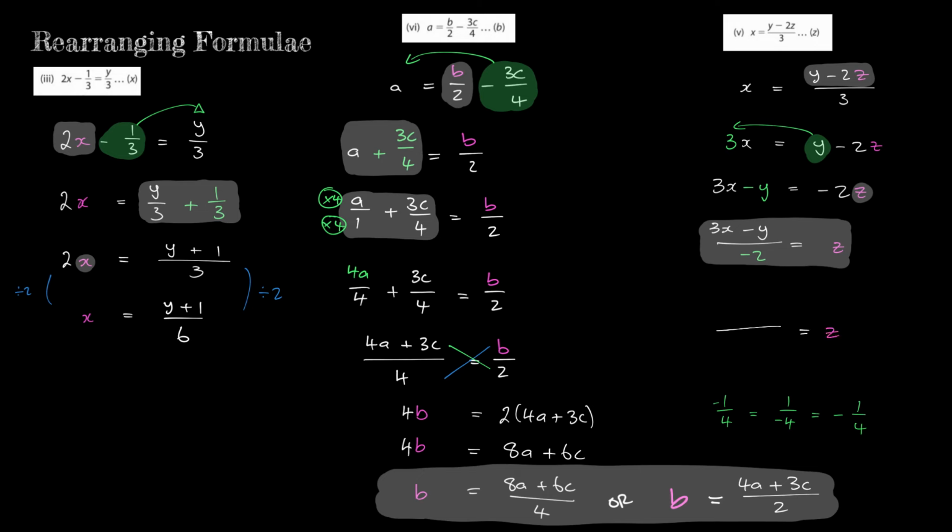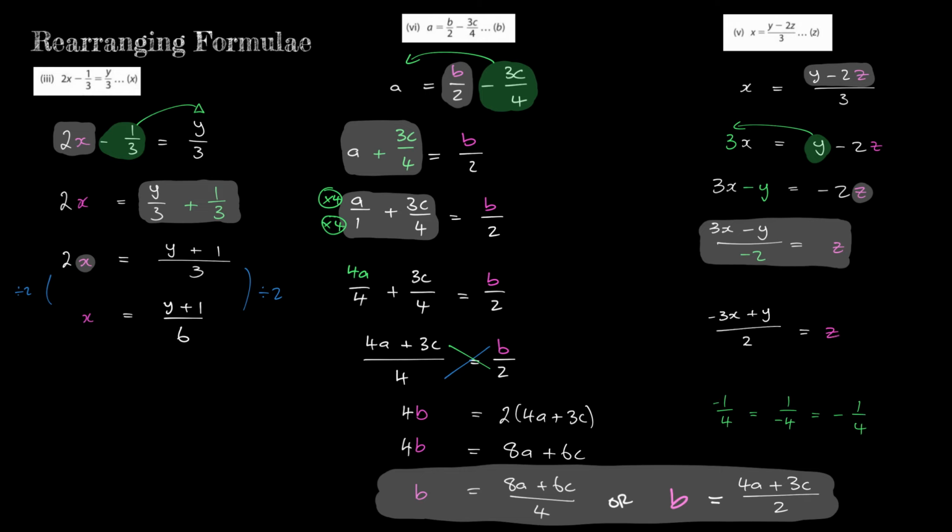So in order to do that, I'm going to turn my denominator into a positive, and then I'm going to have to change everything on my numerator. So that'll turn into a minus 3x, and if I'm multiplying everything on the top by a negative 1, that will turn into a plus y.